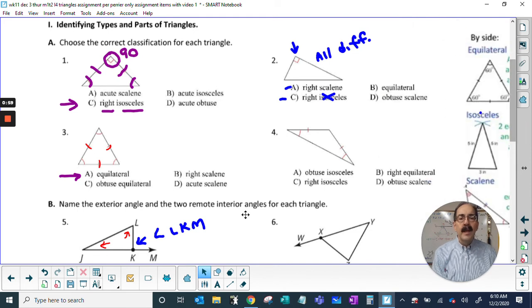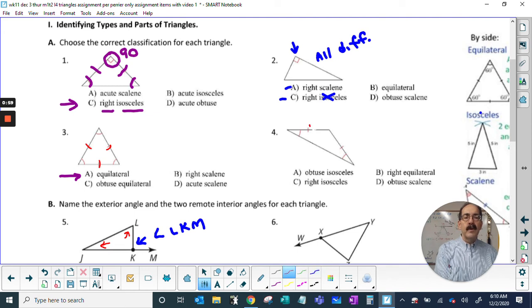Cool. Now this next one, we see all these hash marks, right? So hash marks talk about isosceles. Base angles are equal, talks about isosceles, so no and no. I do not see a right angle. I see large. This is probably bigger than the 90.